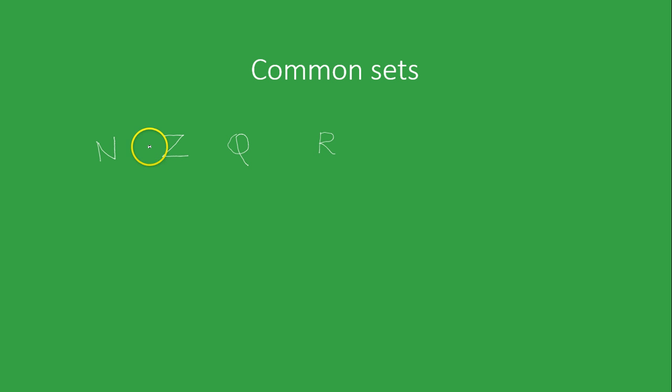So, as you know, the set of integers include all the natural numbers. Therefore, N is a subset of Z, which is a set of all integers, which is itself a subset of rational numbers, which is a subset of real numbers.